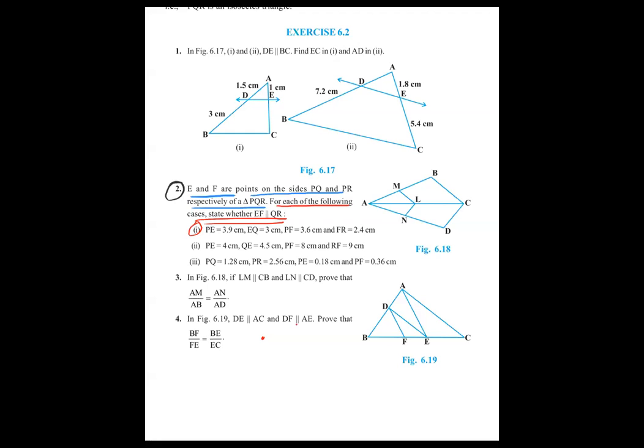Please try this question yourself here. Yes or no, you have to write in the chat box. After solving the first one, do the second one, then the third one.